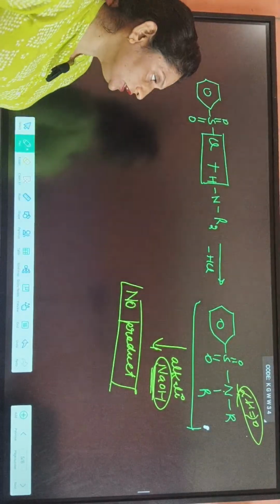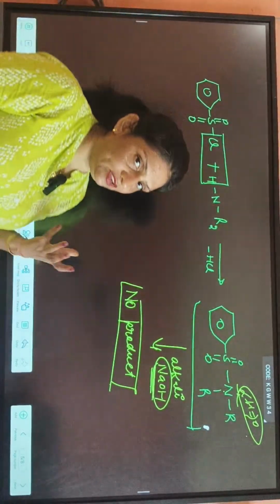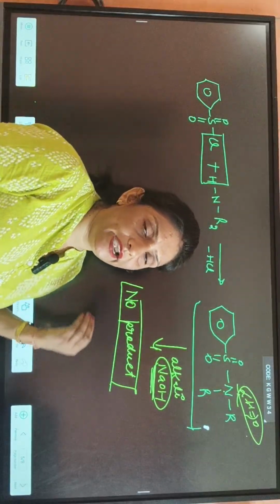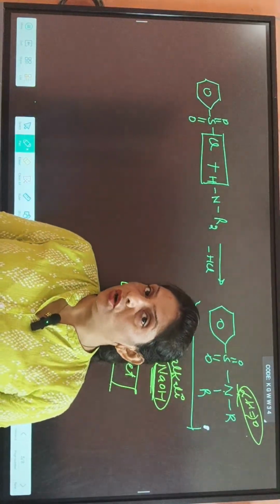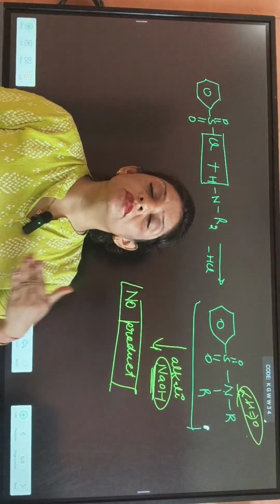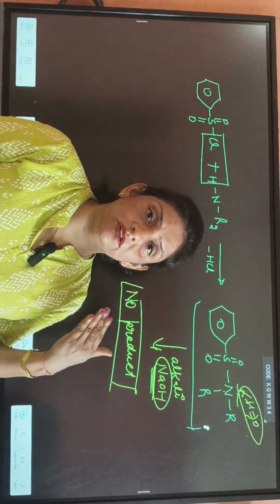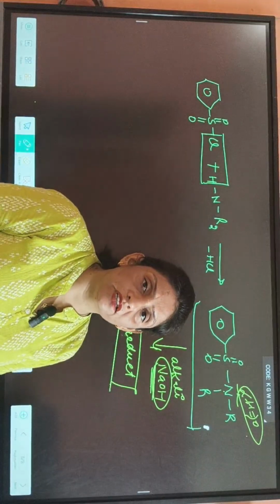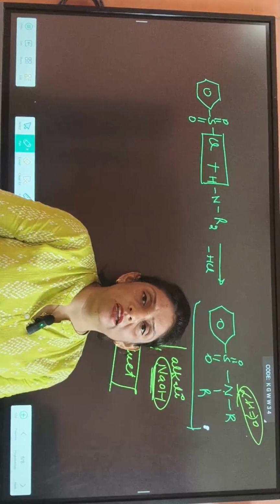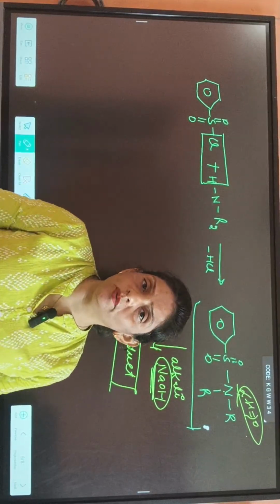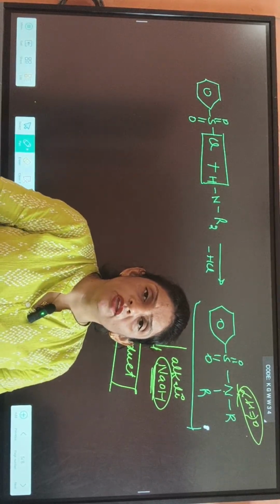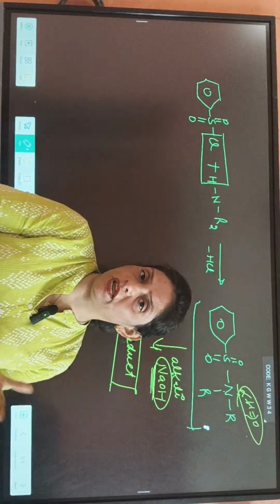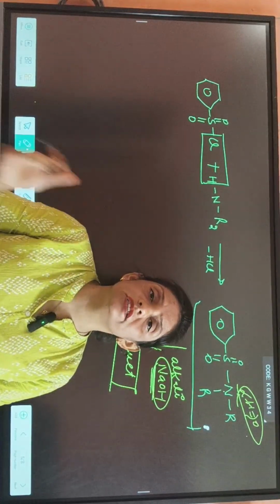So students, if you have any amine and you add Hinsberg reagent to it, you get one product. Then you add some aqueous NaOH to that. If that product is completely soluble and you get a soluble salt, it means your amine is primary, otherwise it is secondary.